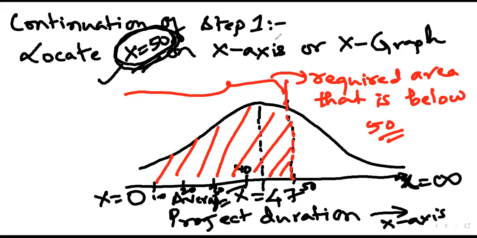Okay. So those who have completed writing this, what should be the next step? Step 2. Anyone with the step 2? First, we have located the x value on this graph.